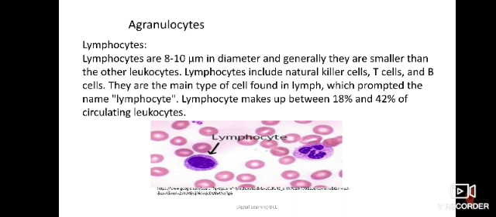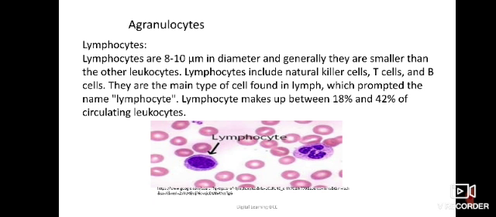Lymphocytes are also of two types. Large lymphocytes, with a diameter usually from 10 to 14 micrometers, are the precursors of small lymphocytes. Small lymphocytes, with a diameter of 7 to 10 micrometers, are responsible for antibody production.